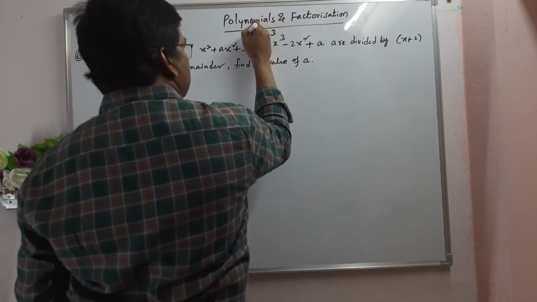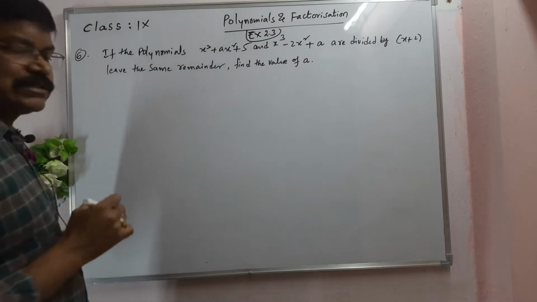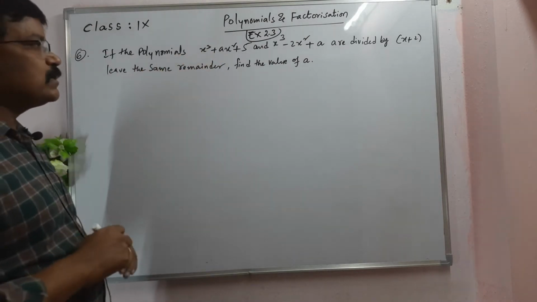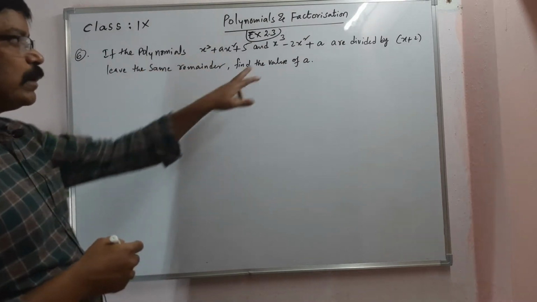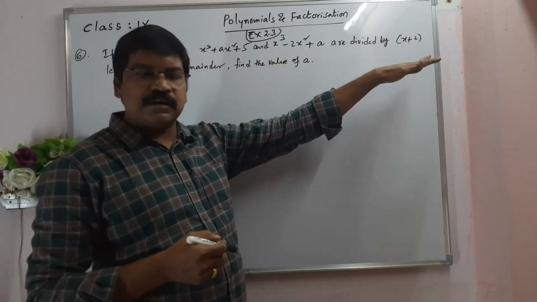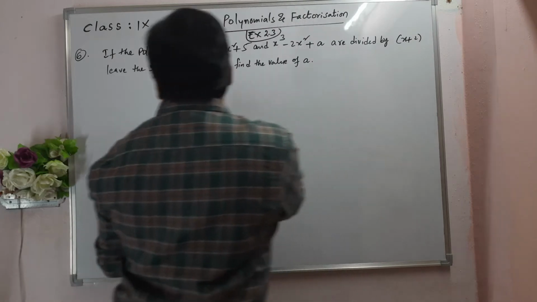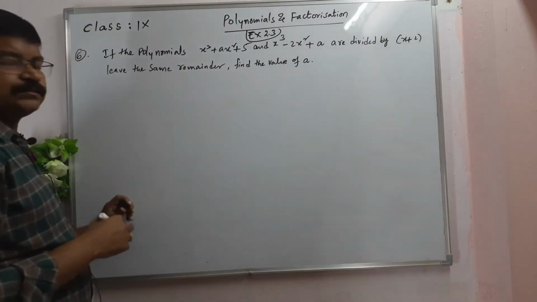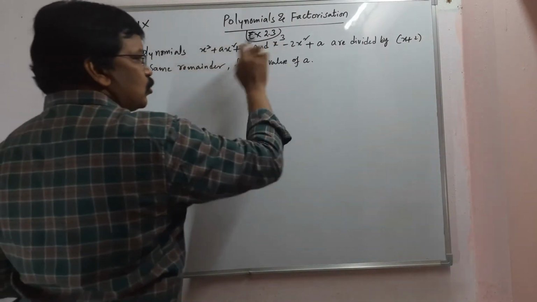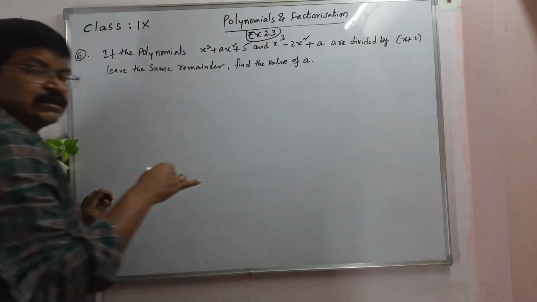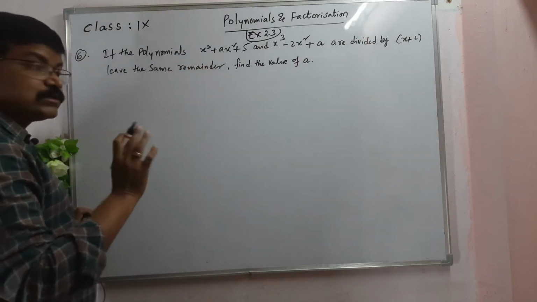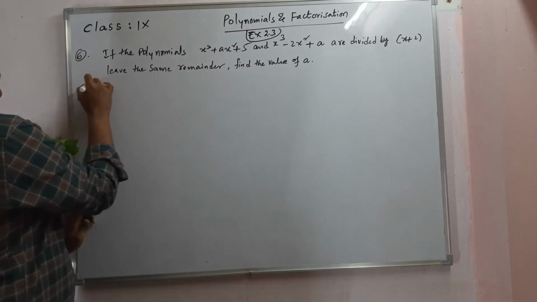Exercise 2.3, sixth sum. If the polynomials x cube plus ax square plus 5 and x cube minus 2x square plus a are divided by x plus 2, they leave the same remainder. That means both the polynomials, when divided by x plus 2, leave the same remainders.